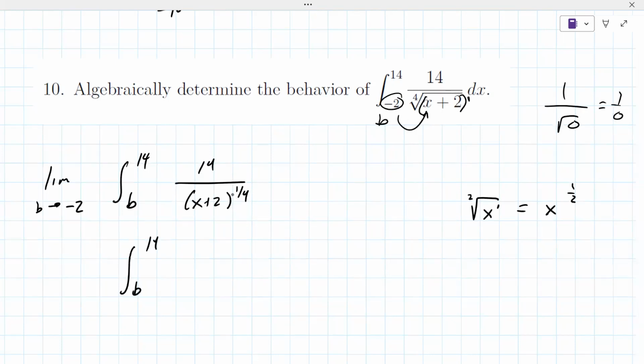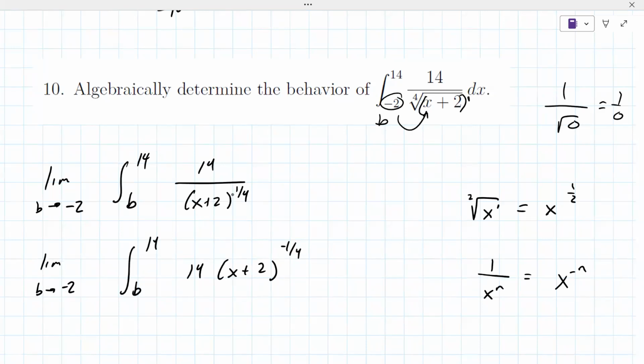Then you can bring it up and it becomes negative. These are all properties you learned in your previous math courses that all apply here. So take a look at that. Any issues with what you've seen thus far? We haven't done any calculus yet. We're just rewriting.